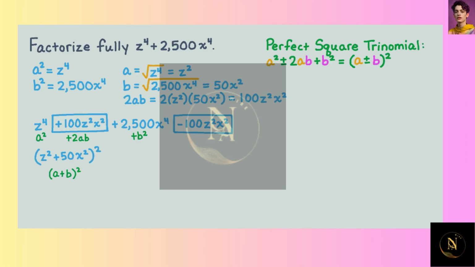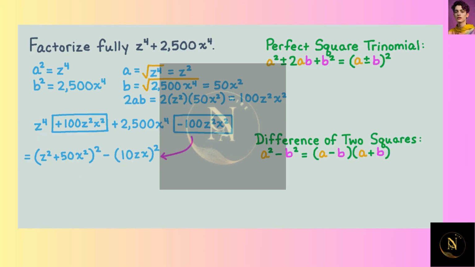We can now factor the first three terms as a perfect square trinomial, giving us z squared plus 50x squared, squared. Now we have a difference of squares, since the expression within the parentheses is being squared, and 100z squared x squared is a perfect square, specifically the square of 10zx, where a is in the first parentheses and b is in the second parentheses.